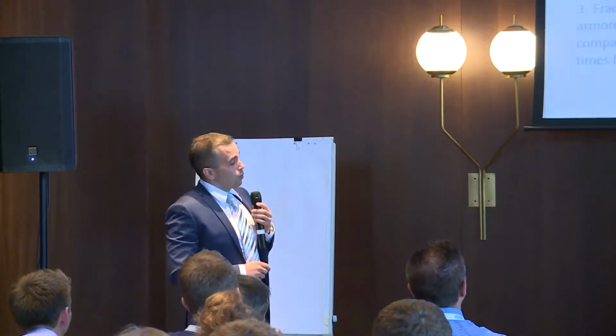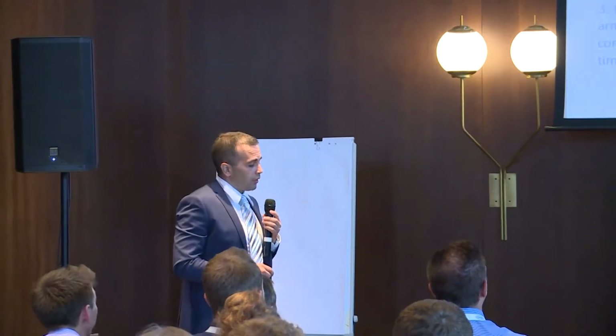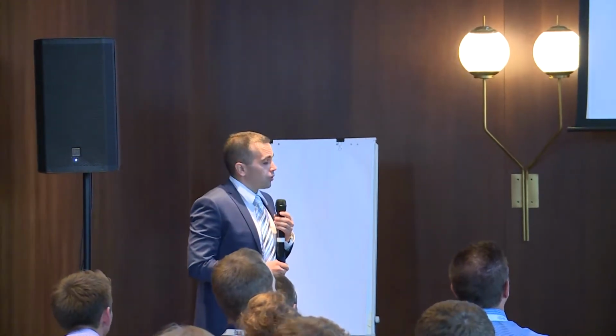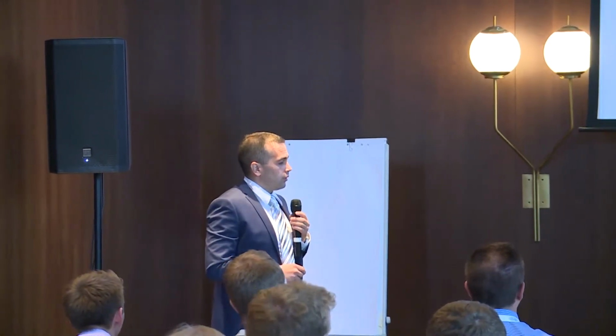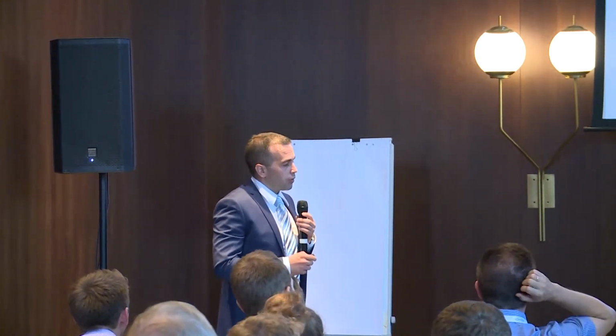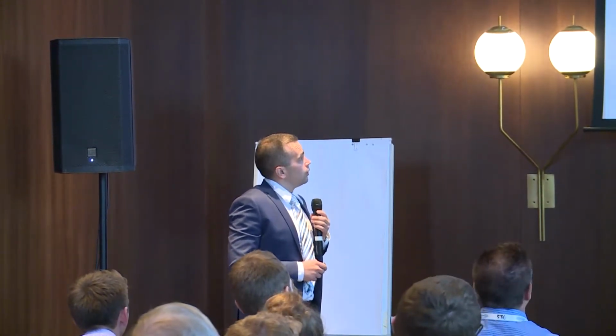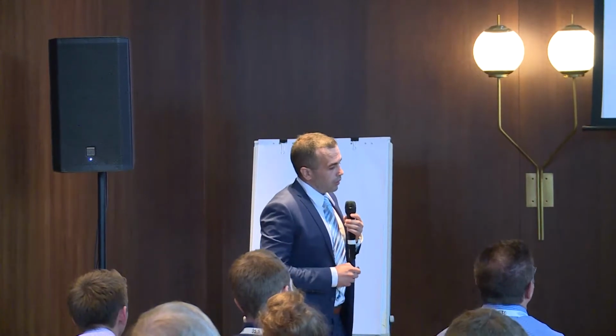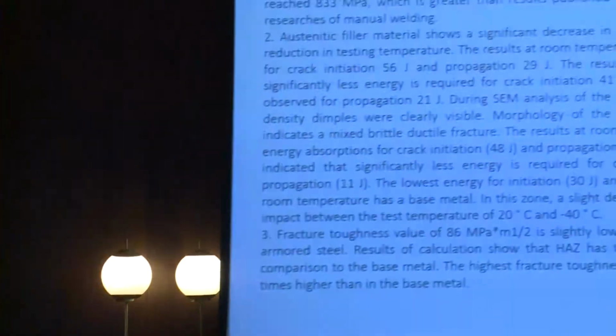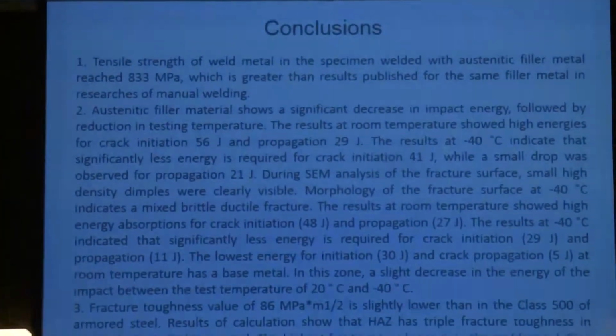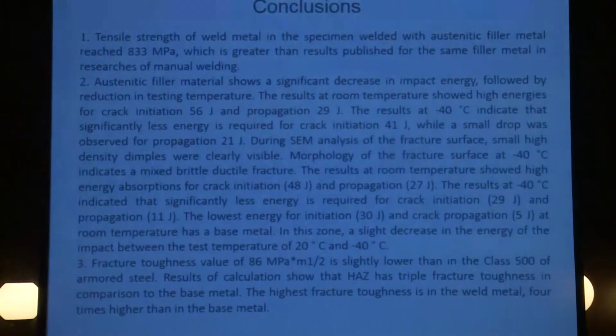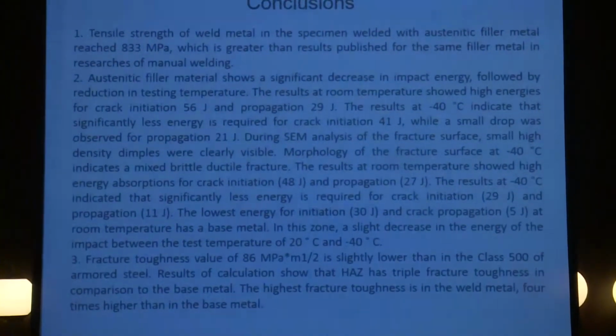And then the conclusions. We saw that tensile strength was increased by robot welding. We get 830 megapascal, usually with austenitic wire, and we can say that austenitic wire can give very good tensile strength.